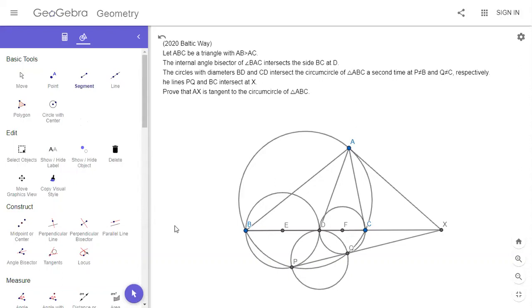And does an angle chase show that XAD is? Let's see. Maybe it's some radical axis theorem. Let's see.